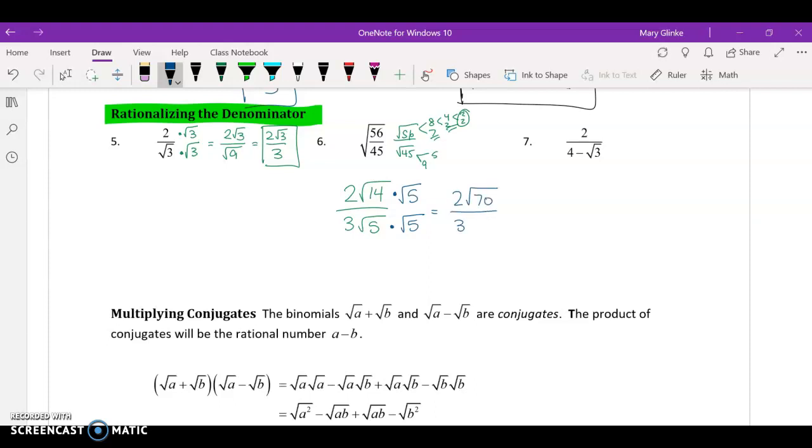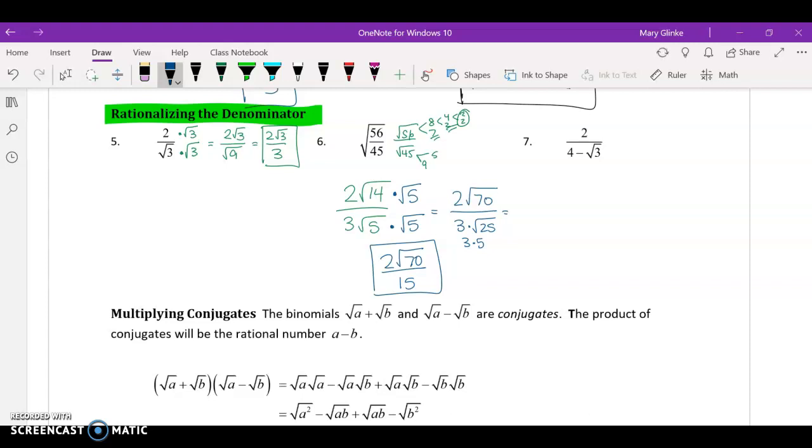The denominator would be 3 root 25. And the square root of 25 is 5. So that would then simplify to 2 root 70 over 15. It does not reduce any further because the 70 is under the radical and the 15 is not, so you can't reduce that by 5 at all.